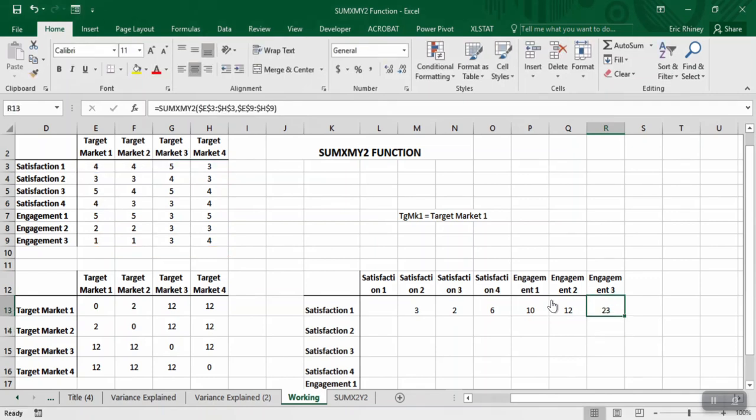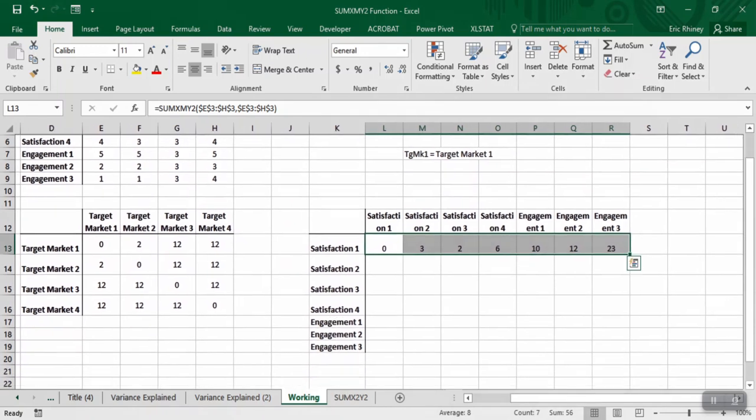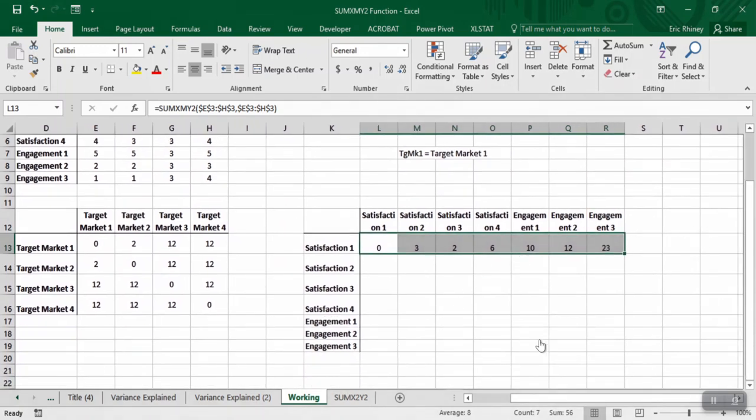And now you can see how different these are from each other. And if I were to copy this here, of course, I would drag this up here, and this would be 0. All right, and then I could copy this down and do the same thing for all of it. And then I could see how different each one of these variables are from each other. All right, so there you have it. Once again, that is the sum x minus y squared, or SUMXMY2.